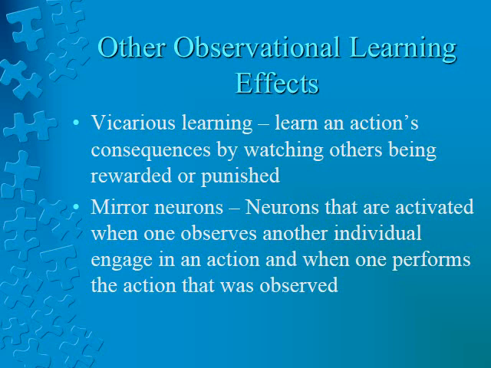Now, we have observed in monkeys a series of neurons called mirror neurons. We haven't seen these in humans yet, but some theorists believe that they are present. Mirror neurons are neurons that become really, really active when you are observing another individual engage in some kind of action.